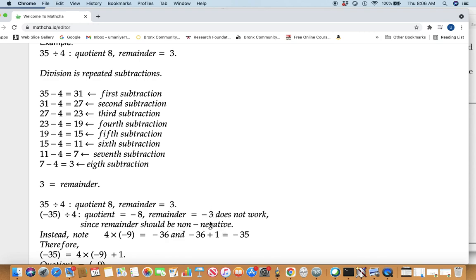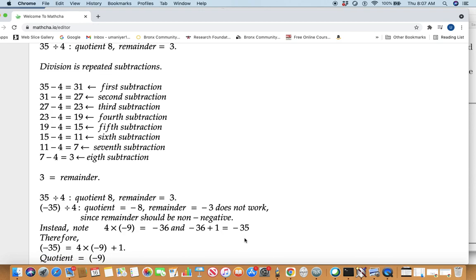It cannot be negative. So you go one more to the left. So 4 times negative 9 is negative 36. Negative 36 plus 1 is negative 35. So negative 35 is 4 times negative 9 plus 1. Now that is an acceptable remainder.